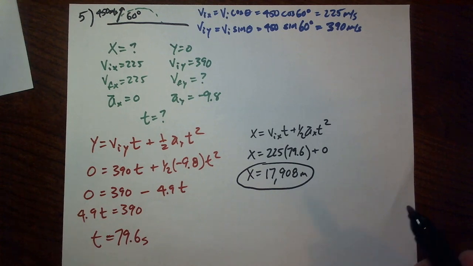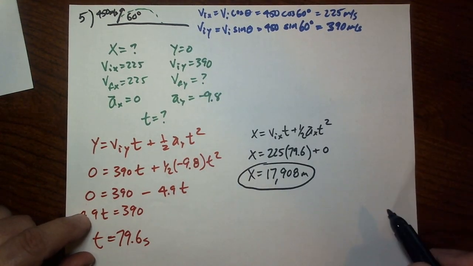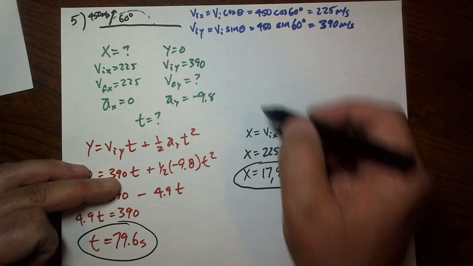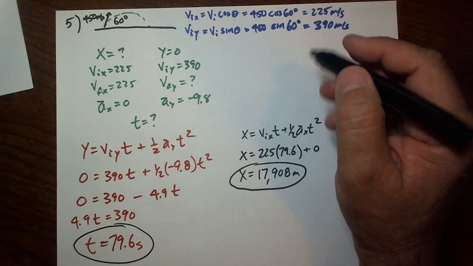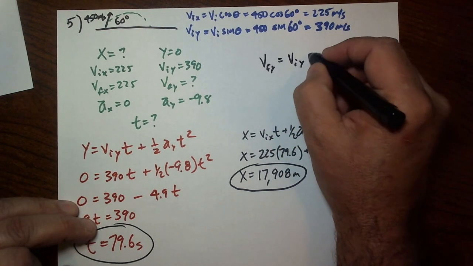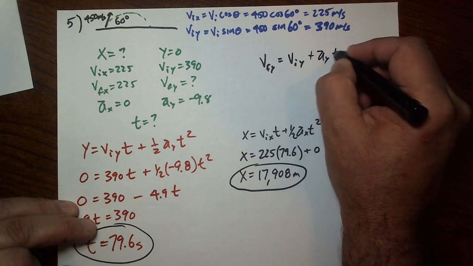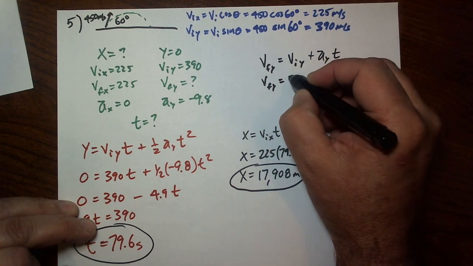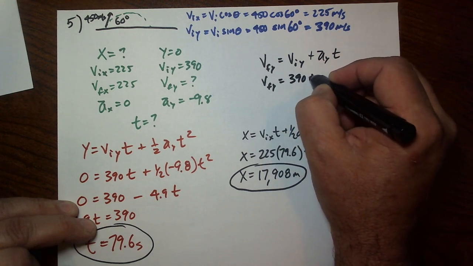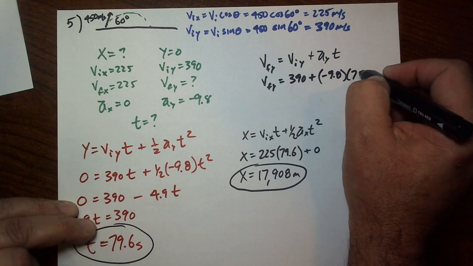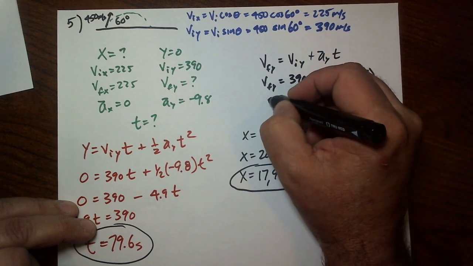What else? Oh, I guess we could find this final velocity. Oh, whoops. Got to circle this too. Let's move into this blank area and find the final velocity. Final y velocity is going to be initial y velocity plus ay times t. Final y velocity is going to be 390 plus negative 9.8 times 79.6.